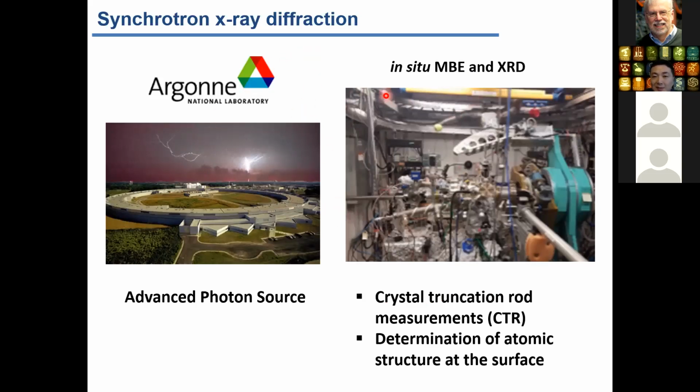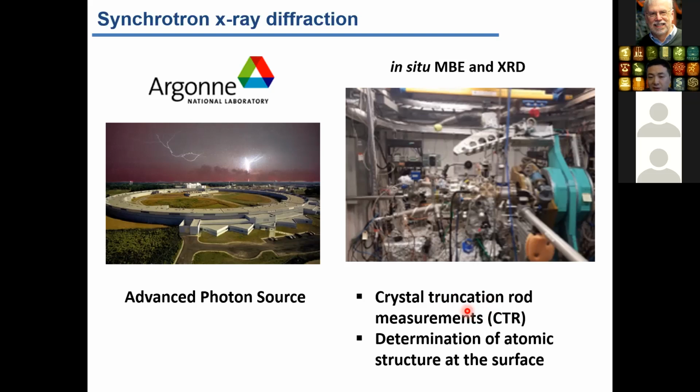At Argonne, they have an in situ MBE and XRD, which means we can grow this material in their chamber and, without taking it out, do XRD in the same chamber. The measurement we carry out is called crystal truncation rod measurement, or CTR measurement.